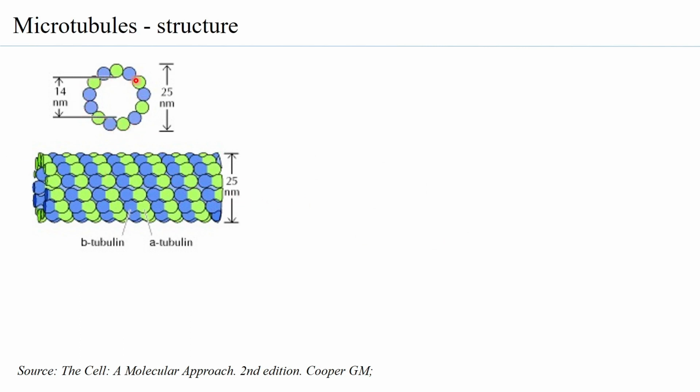And every microtubule contains 13 protofilaments. You can see the diameter of the microtubule is 25 nanometer, the inner diameter being about 14 nanometers.